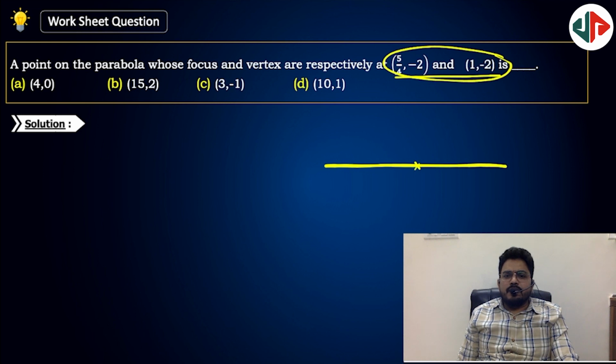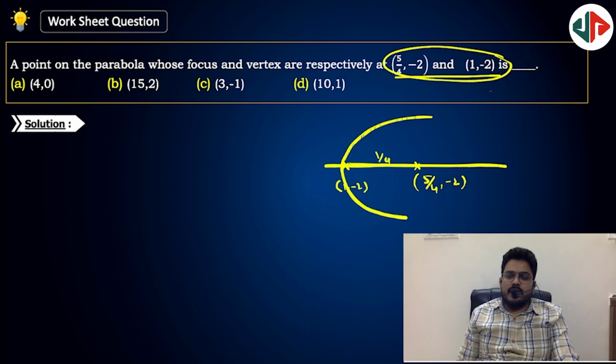Focus is 5 by 4 comma minus 2. Vertex is 1 comma minus 2. So this length is 1 by 4. So parabola is going to be like this. What is the parabola? Y minus of minus 2 whole square. A is 1 by 4. Length will be equal 4 units into x minus 1.